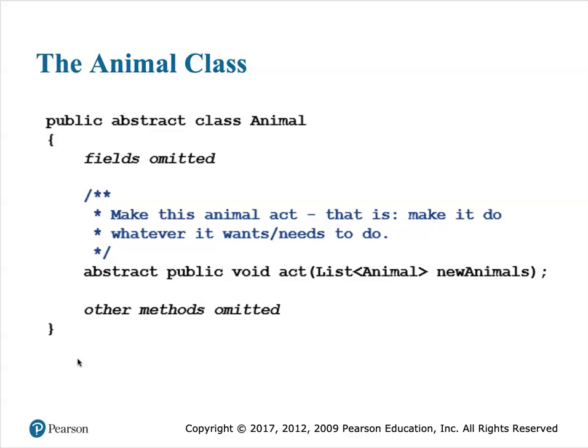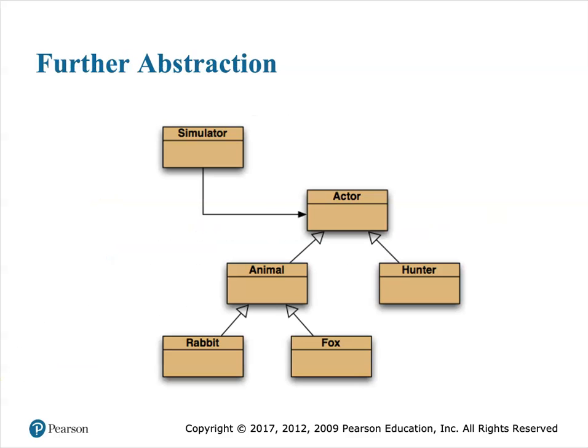Once we have this notion of abstract classes, we can extend this to further levels of abstraction. Farther down the hierarchy, we have the things that actually do the work, but higher up in the hierarchy, we have things that specify more abstract concepts. The simulator is made up of actors. Some of these actors are animals, which will act like rabbit and fox. Another actor in the simulation could be a hunter.